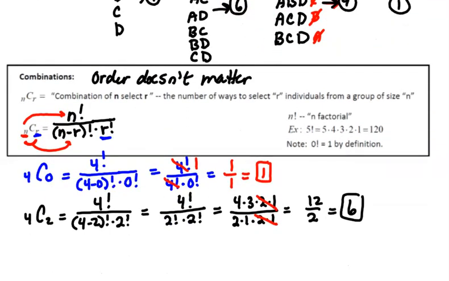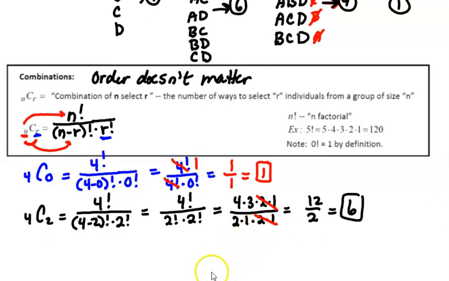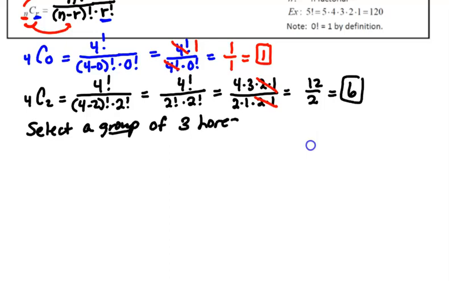Now, some of the smaller ones are pretty easy to list and count. But for larger numbers, this is really, really helpful. So let's do our horse example. Instead of wanting to get how many orders they can get first, second, third place, let's just say I want to select a group of 3 horses out of 10.